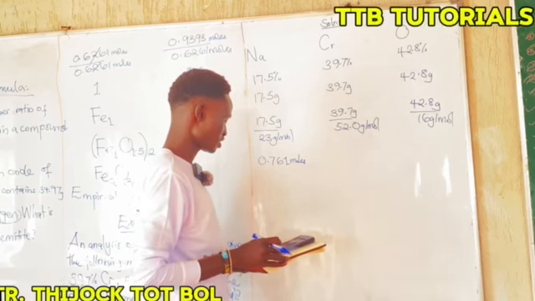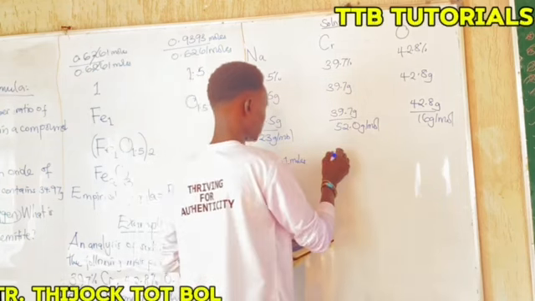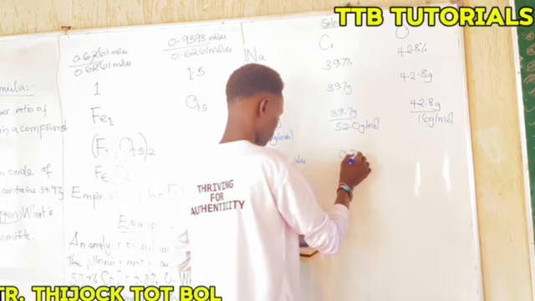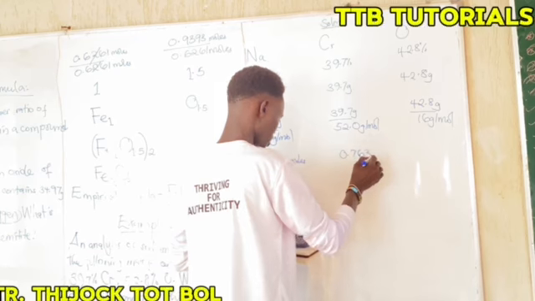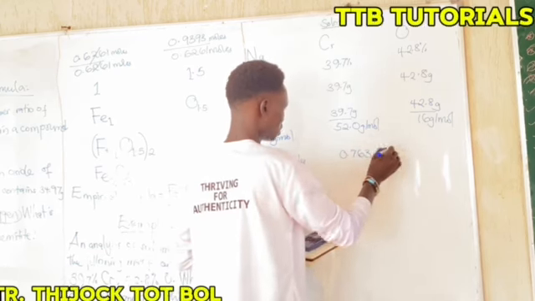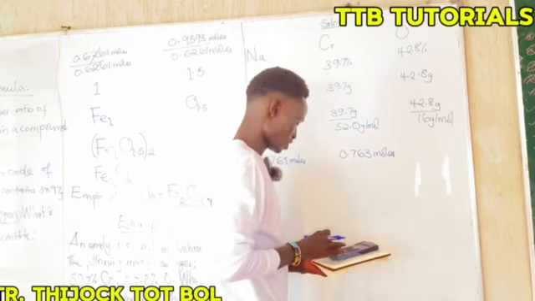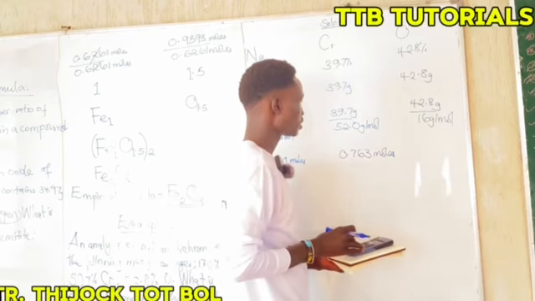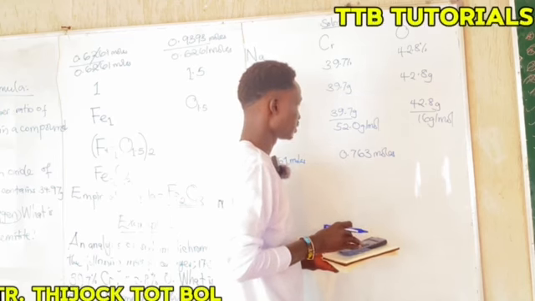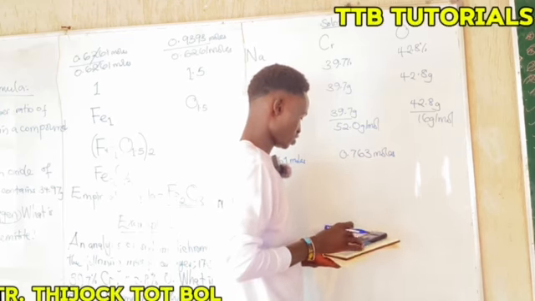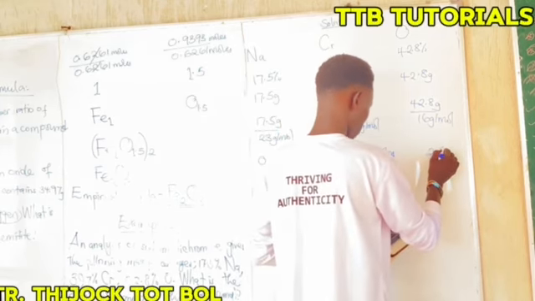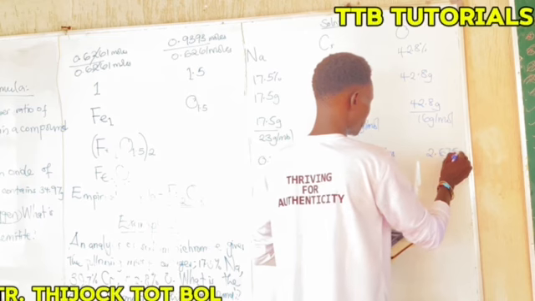So here we are getting also 0.7633 moles. Also let us divide this 42.8 divided by 16. So we are getting 2.675 moles.